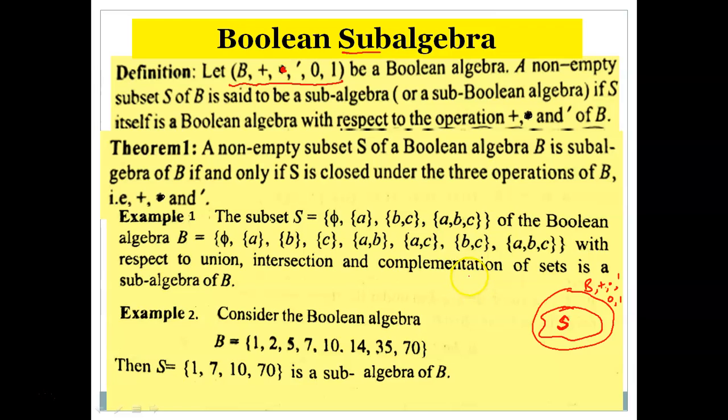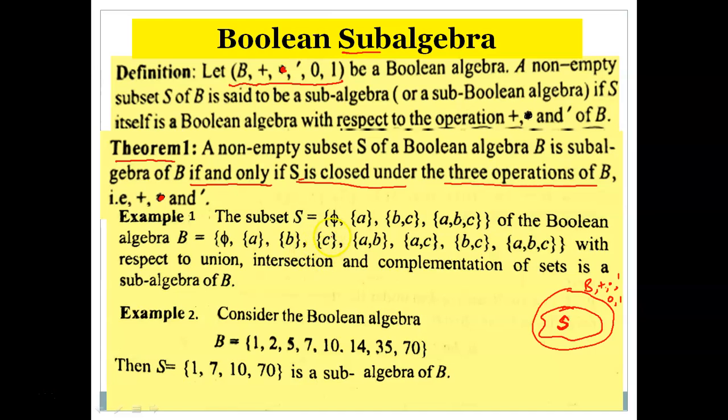From a numerical point of view, you can keep in mind this Theorem 1. It states that a non-empty subset S of a Boolean algebra B is a subalgebra of B if and only if S is closed under the three operations of B, that is plus operation, dot operation, and complement operation.